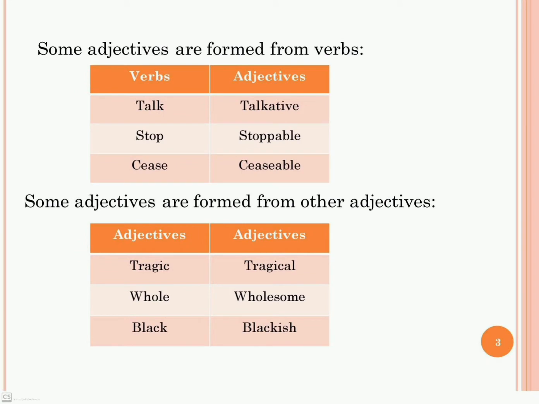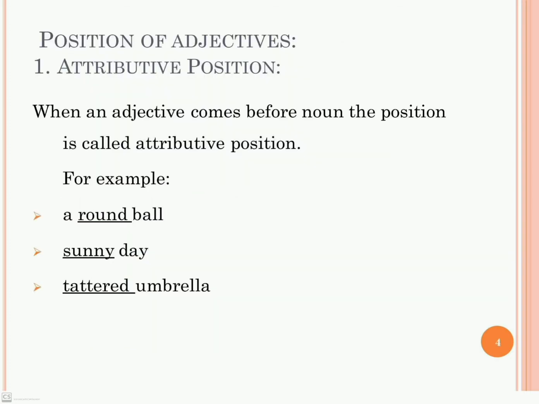For instance, talkative from talk, stoppable from stop, and seizable from seize. On the other hand, some adjectives are formed from other adjectives as well, like tragical from tragic, wholesome from whole, blackish from black.